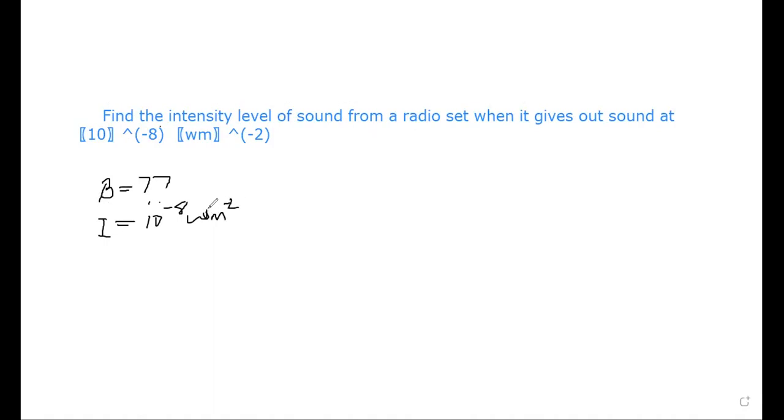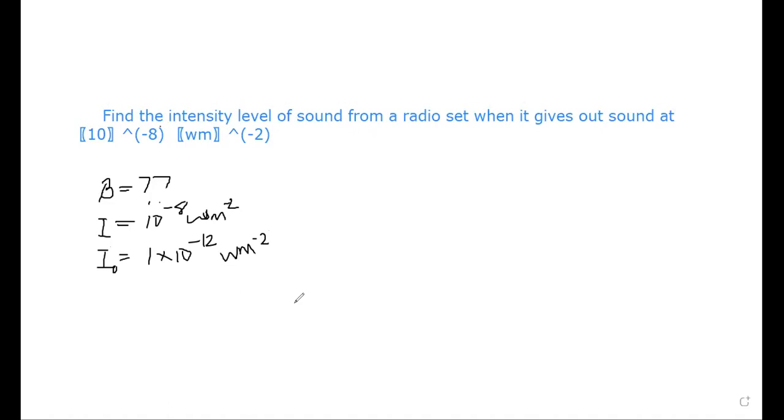But don't forget that the threshold of hearing, I0, has the value of 1 times 10 to the power minus 12 watts per meter square. It is a constant.